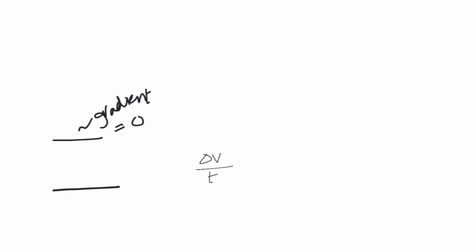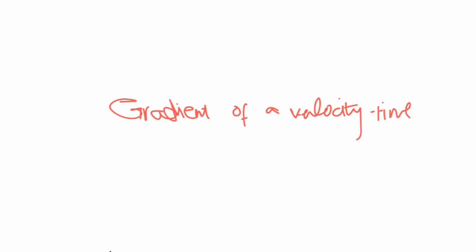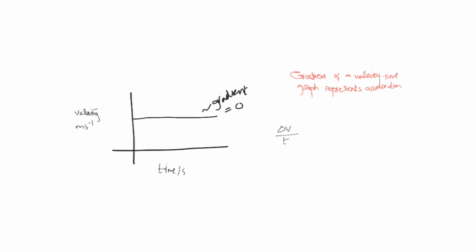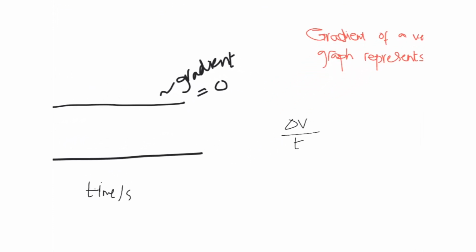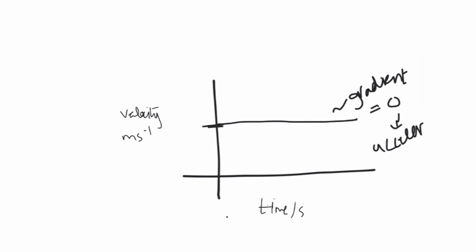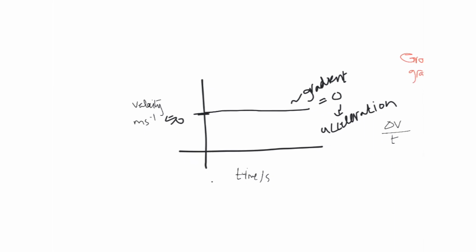So we can say that the gradient of a velocity time graph actually represents acceleration. And as the gradient is 0, here the acceleration is 0. And the velocity stays at a certain value, let's say if it was 50, the velocity will be constant at 50 throughout the time.